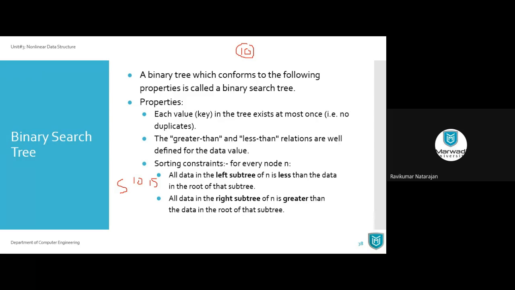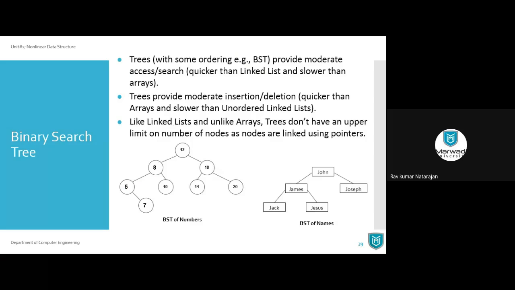I should insert 5 towards left because it should be less than the root, and then 15 in the right because it should be greater than the root. So this is the rule here. Left subtree should be less than the root, always. And then right subtree should be greater than the root.